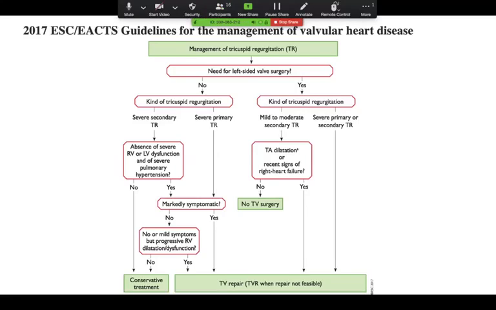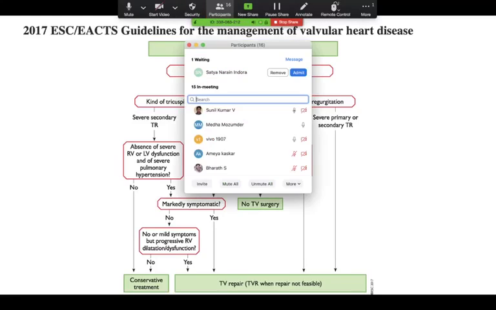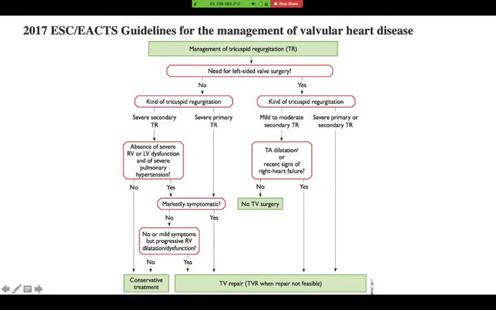If need for left-sided surgery is there, they divide by the severity of TR. If it is mild to moderate, and they don't have TA dilatation or any signs of right-sided failure, you don't need to have any TV surgery.